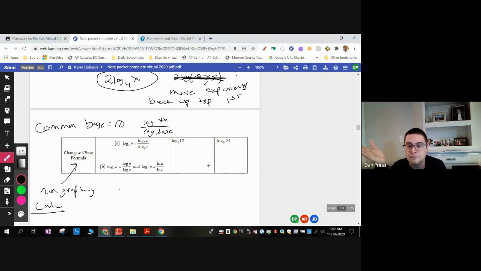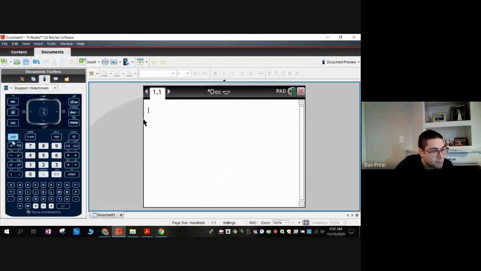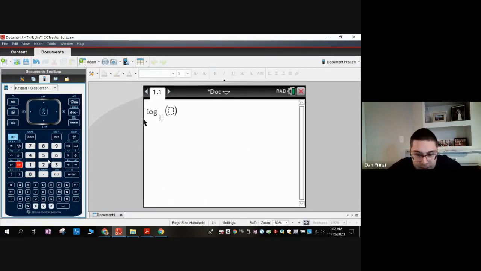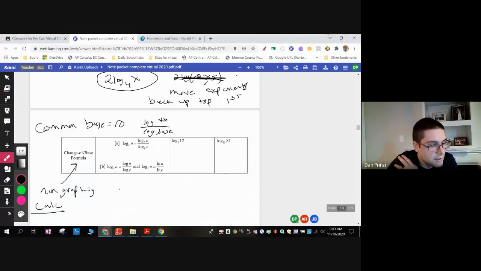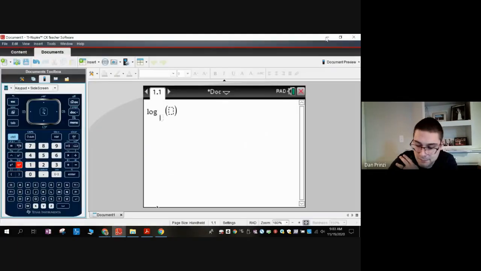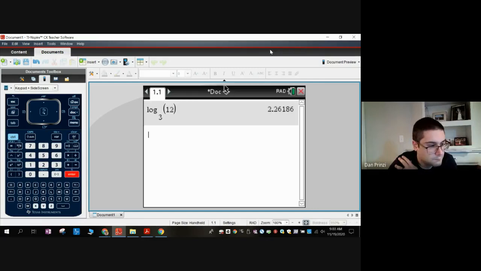So back in my day, which wasn't that long ago, because I am a young dad, you had to actually use this formula. So for example, if you go to your calculator, now the Inspire is a bad one for you guys to be used to. It's set to base 10, or it allows you to enter the base. But if you have a scientific one, you can't do that. So what was the first example? Log of 12 base 3. So most of you would type this in, right?